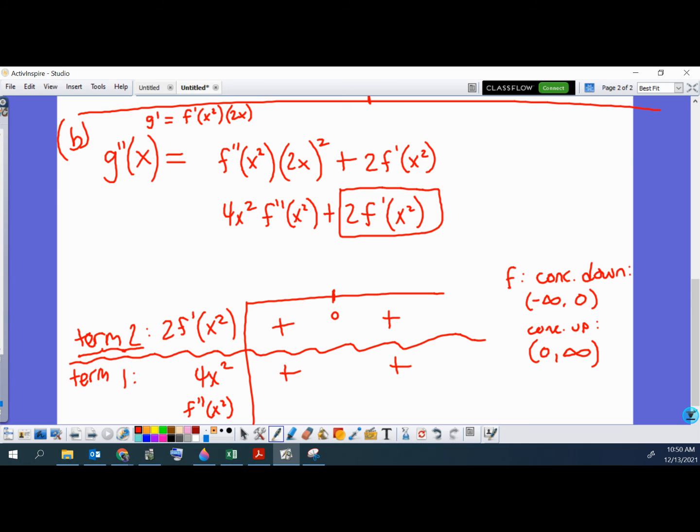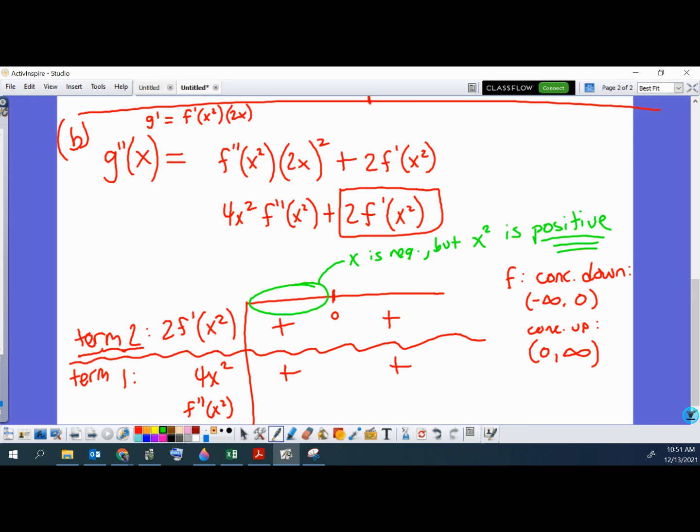But keep in mind, this is not f double prime of x. This is f double prime of x squared. And so what that means is that over here, when x is negative, x squared is still positive. So let me write that out. x is negative, but x squared is positive for those negative values of x.